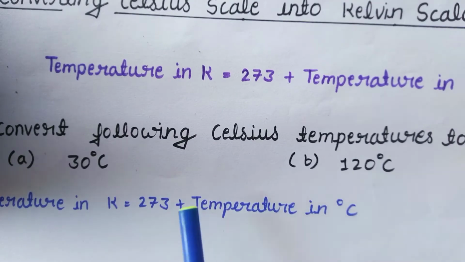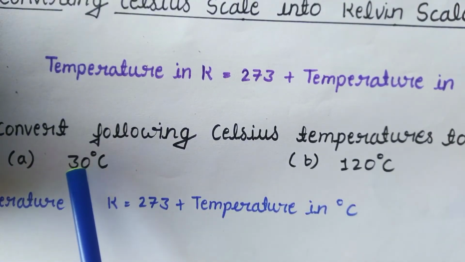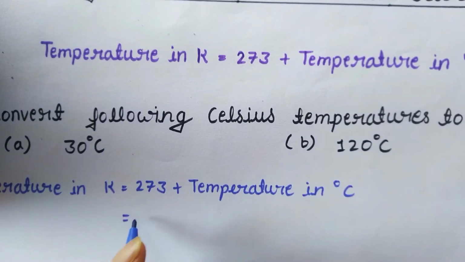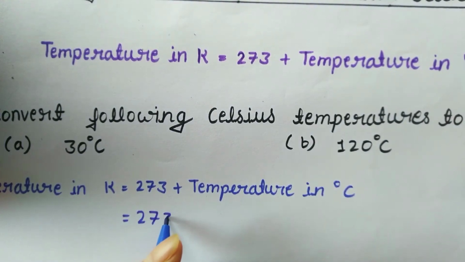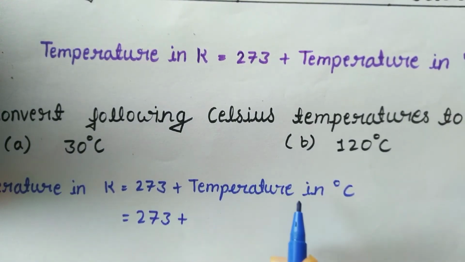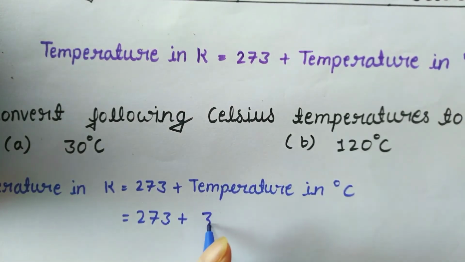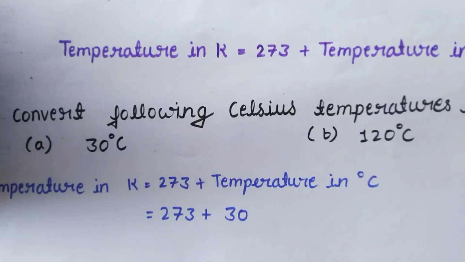Dear children, we know that temperature in degree Celsius is 30 degrees Celsius and we have to find the Kelvin. So put the values here. 273 plus temperature in degree Celsius is 30 degrees Celsius. So we write 30 and we got the answer 303 Kelvin.